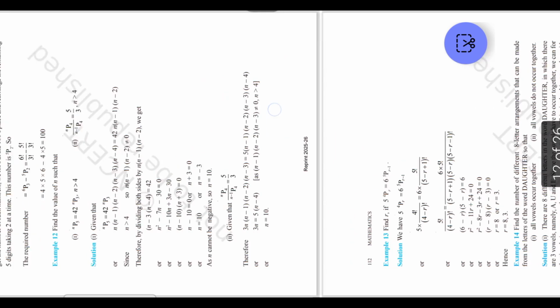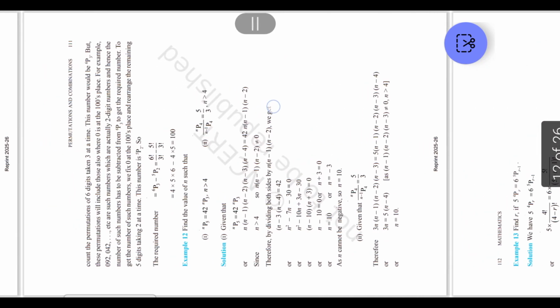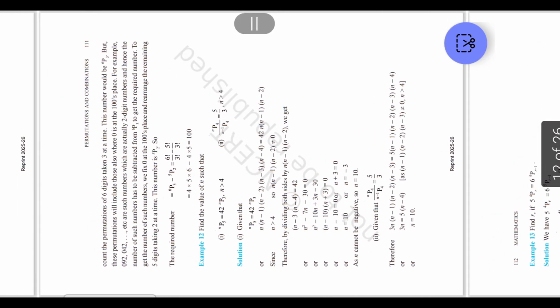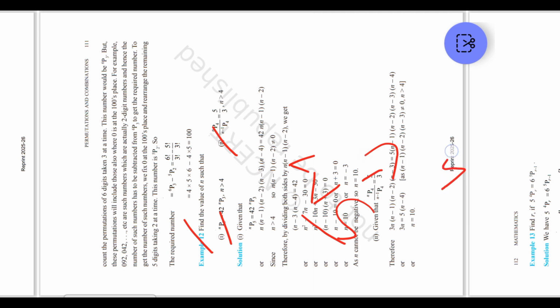This theorem is also important. This is a 2 marks question, this is also a 2 marks question. Next, this question, NPR is 42, that one is also important. This is a 5 marks question.